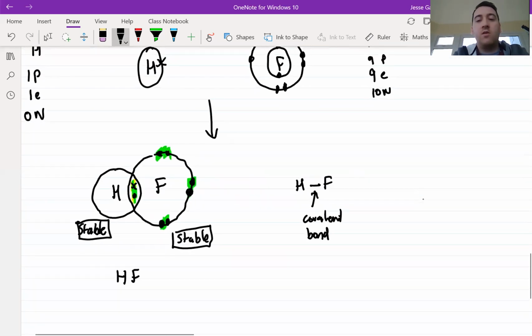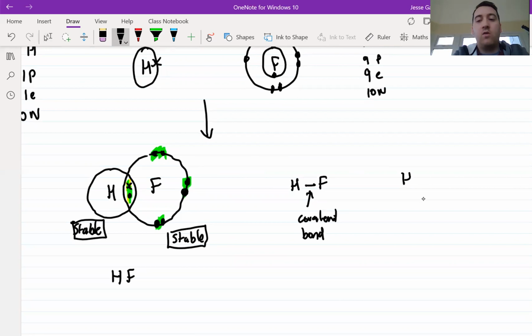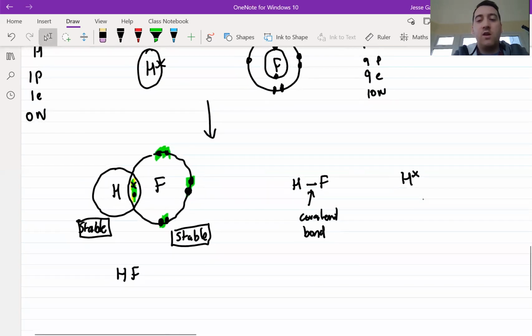And sometimes you will even see it drawn like this, where we don't draw the shells at all, we just draw the valence electrons. So here is the 1 valence electron of hydrogen, and here is the second one in the bond, from fluorine. That's one of fluorine's. Here is the F, and here are the other valence electrons of fluorine that aren't in the bond.